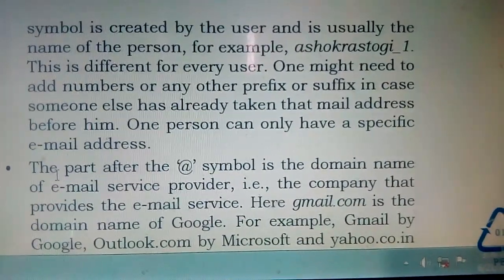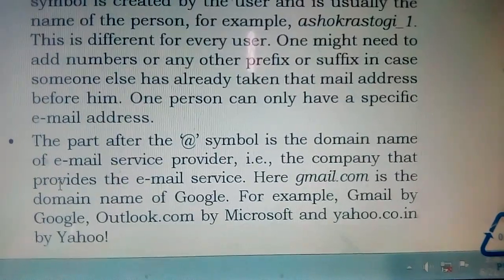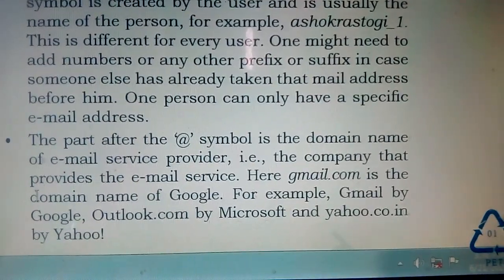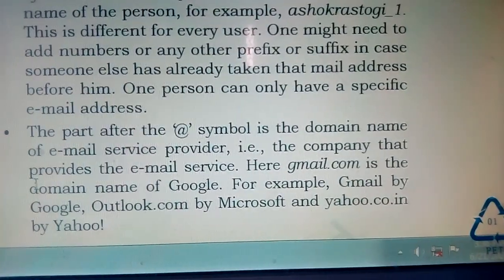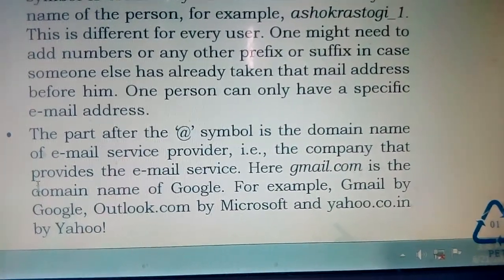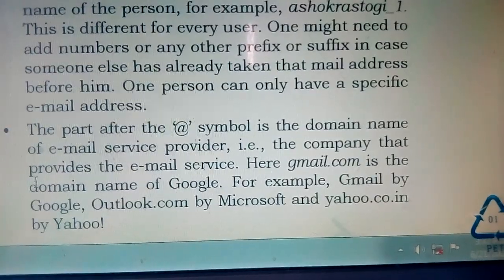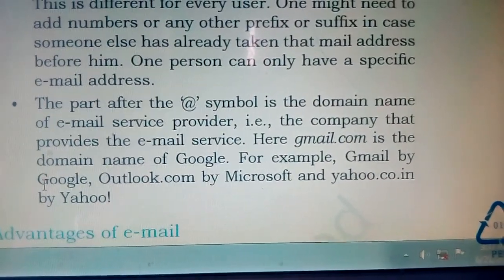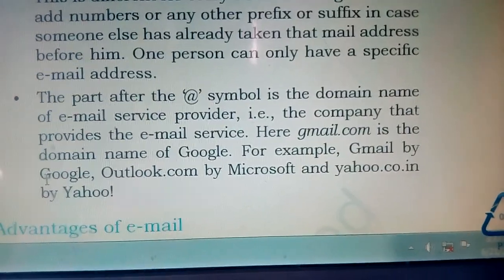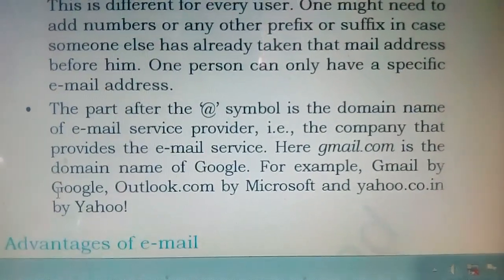The part after the @ symbol is the domain name of the email service provider, that is the company name that provides the email service. Here gmail.com is the domain name of Google. For example, Gmail by Google, Outlook.com by Microsoft, Yahoo.co.in by Yahoo, all these are domain names. Is it clear?